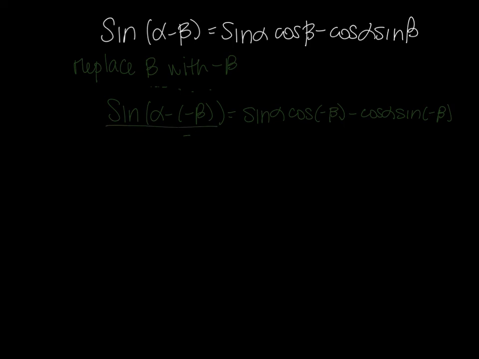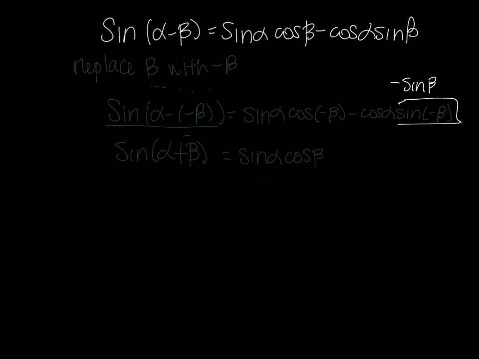This simplifies then to the sine of alpha plus beta. Remember that the cosine of negative beta is just the cosine of beta, so this first statement actually does not carry a negative sign. But also remember that the sine of negative beta we can replace with negative sine beta. So that is going to switch our sign in the middle to a plus. And again, we have cosine alpha, sine beta.